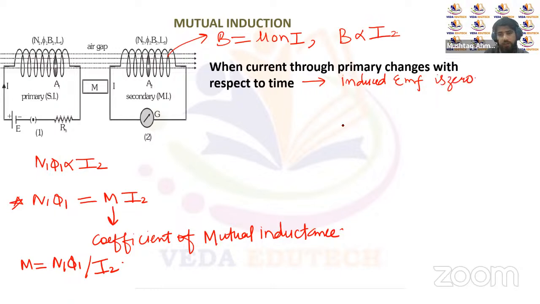Now the question is, what will happen if we change the current? Let's suppose N1 are the turns in the primary circuit, and Phi1 is the flux linked with this primary circuit. So N1 Phi1 will be directly proportional to the current in the secondary circuit, that's I2.